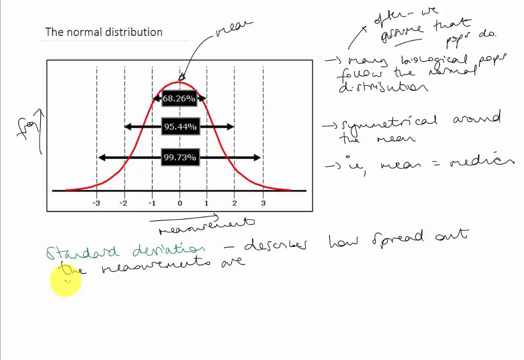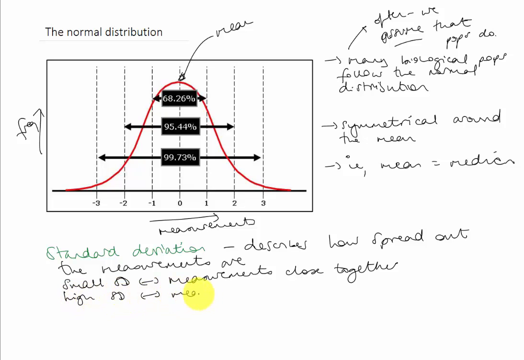So if there's a small standard deviation, that means the measurements are close together. And a high standard deviation, measurements are spread out. This is in a normally distributed sample.